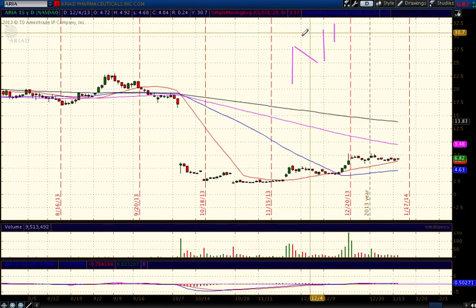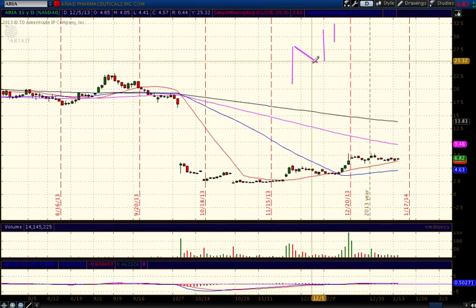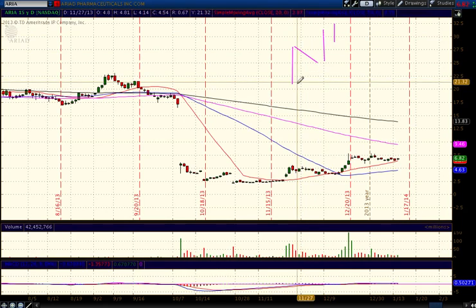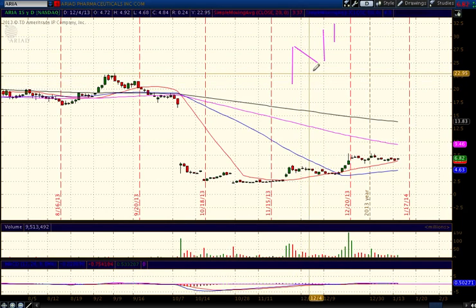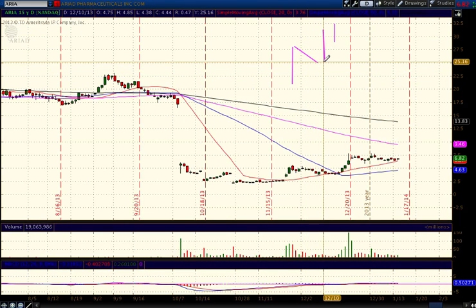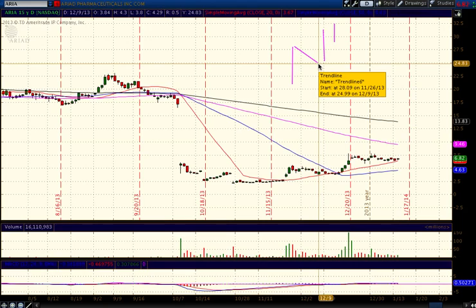Now, if you can combine this pattern with a moving average coming up underneath it, in other words, if the moving average moves into the price action, you have a better chance of that stock getting a pop here.